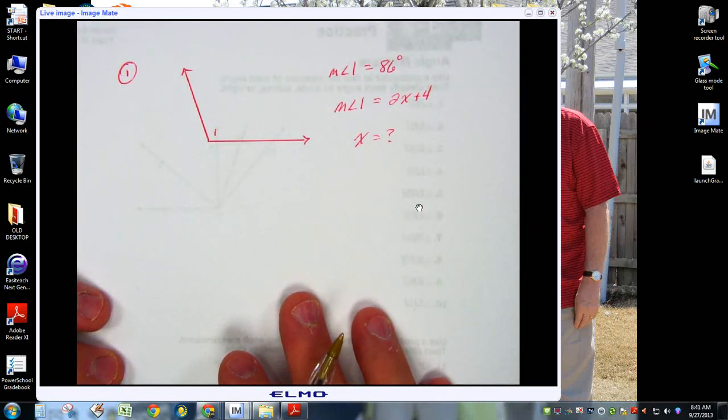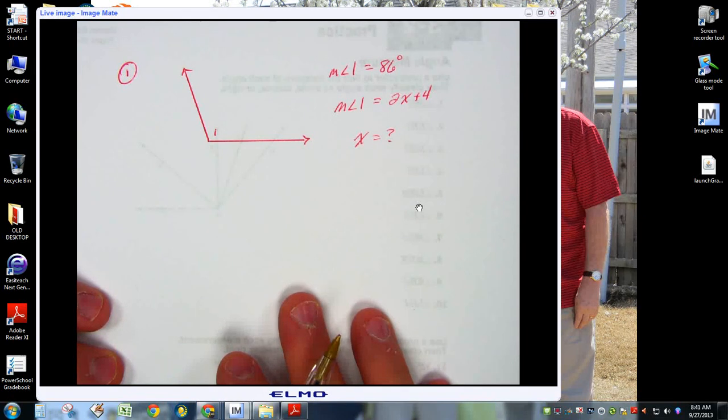Measure of angle 1 is also 2x plus 4. Find x. Guys, stop doing your work and listen. You've got a work day on Monday, so stop. Put your pencils up. Watch. Okay?